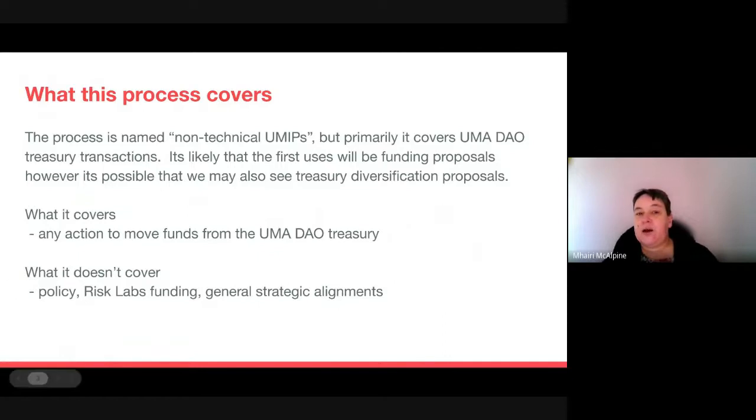What it doesn't cover is any policy aspects that UMA might have, anything that is covered by Risk Labs funding, and also anything that is general and strategic that doesn't actually require an on-chain mechanism. So this is only about things that move funds on-chain from the UMA Treasury.